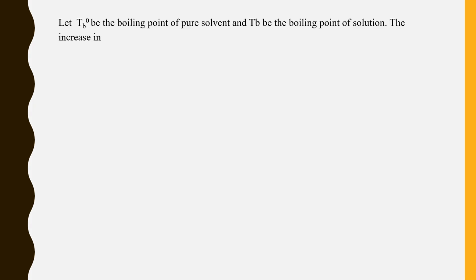Let T naught B be the boiling point of pure solvent and TB be the boiling point of solution. The increase in boiling point is known as elevation in boiling point, and that can be denoted as delta TB. Increment in boiling point can be known as elevation in boiling point.